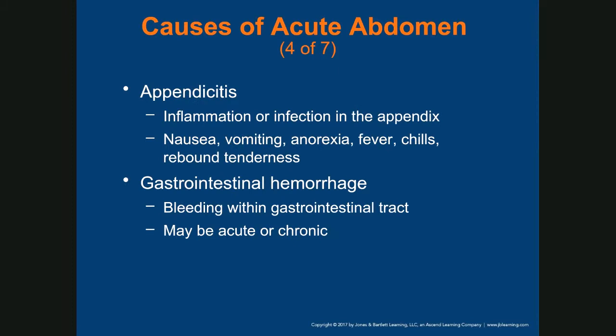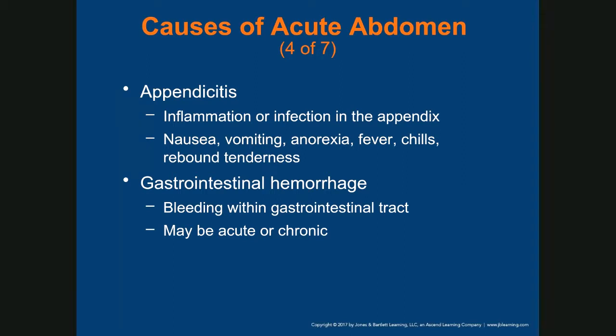Right. Appendicitis is inflammation or infection in the appendix. So sometimes stool gets trapped in the area and it causes it to become inflamed or infected, right? And the patient will present with nausea, vomiting, anorexia, fever, chills, rebound tenderness.